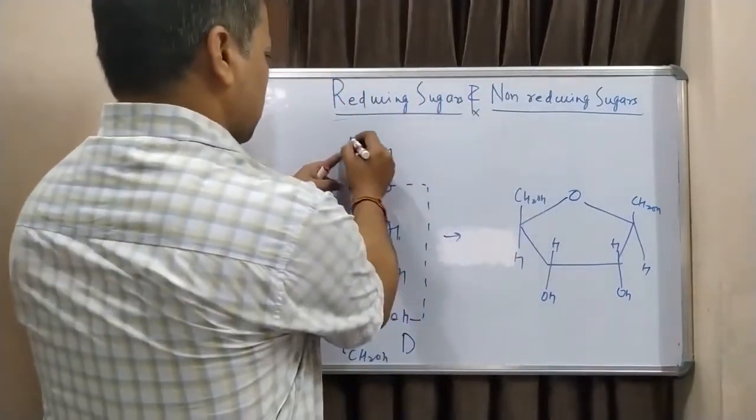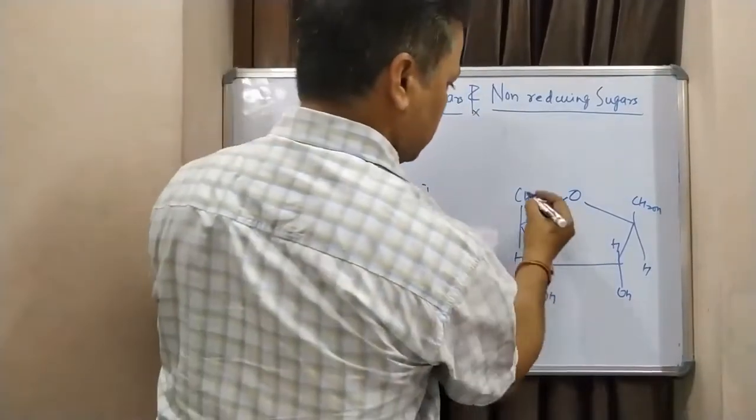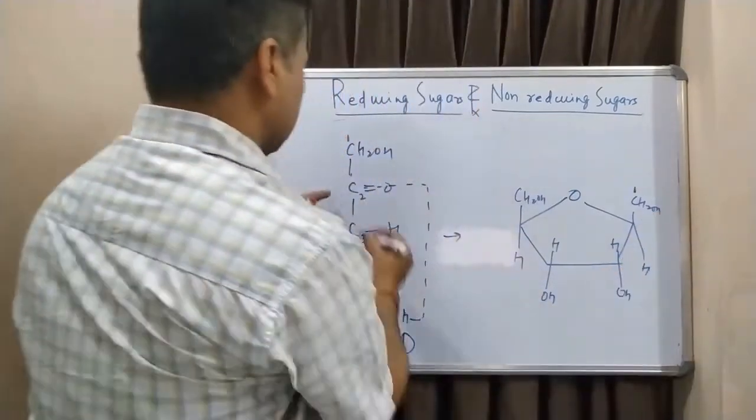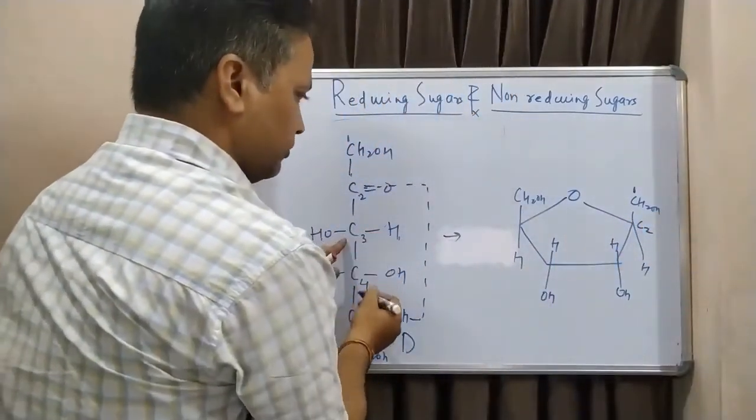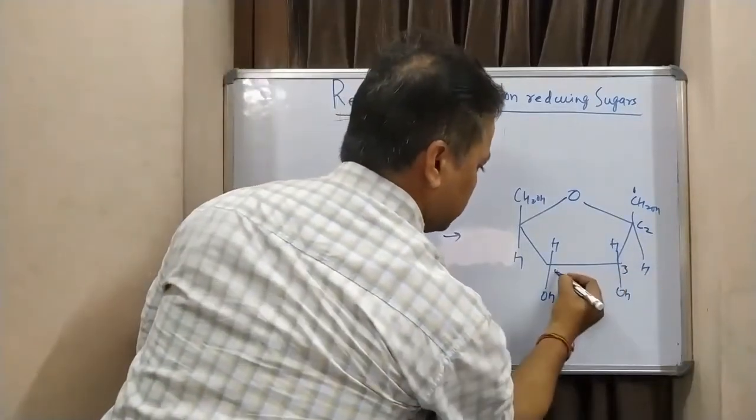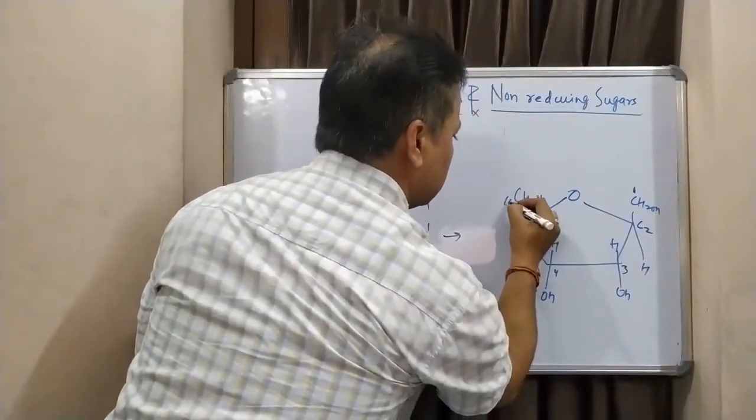This is carbon number 1 which is here, this is carbon number 2 which is here, this is carbon number 3, 4, 5. So C3, C4, C5 and C6.